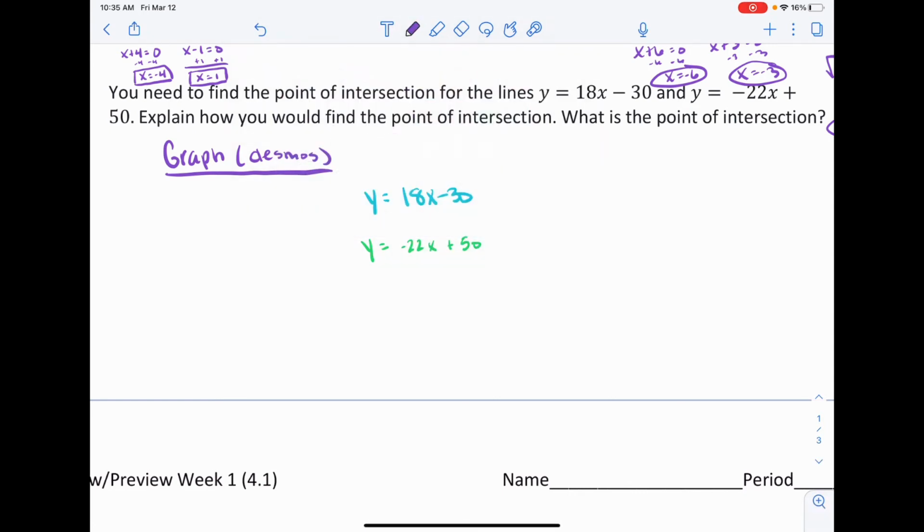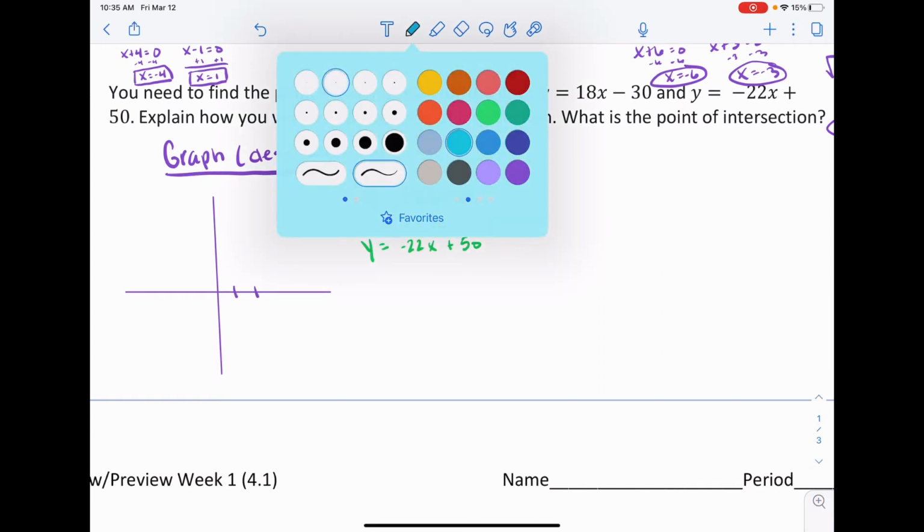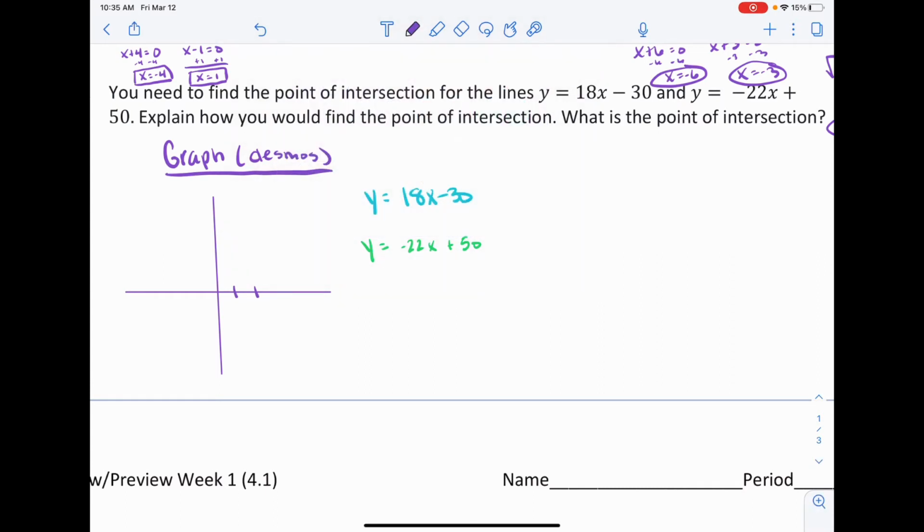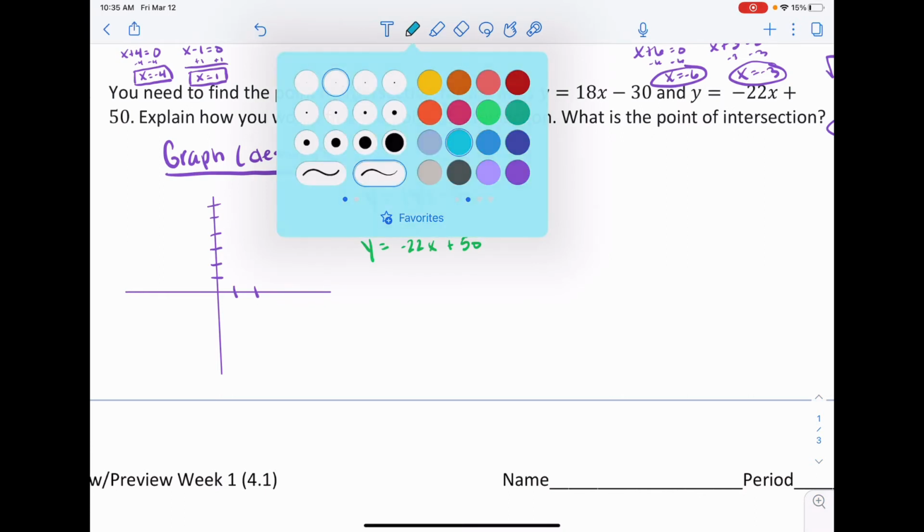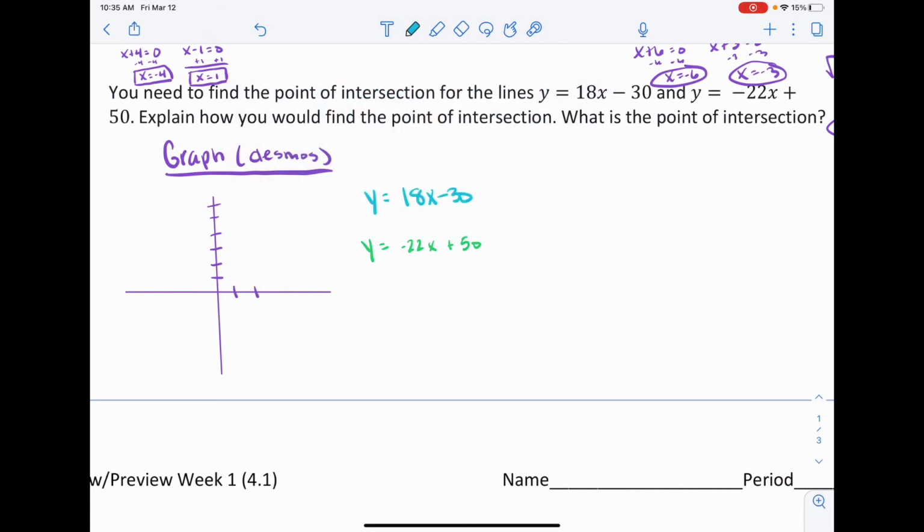Okay, so I'm going to make a graph here, and I'm just going to make a rough sketch of it just so you've got it here. So the blue one, so we did have our point of intersection at 2, 6. Okay, so y equals 18x minus 30.